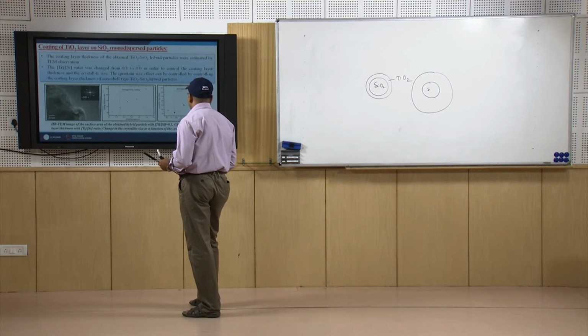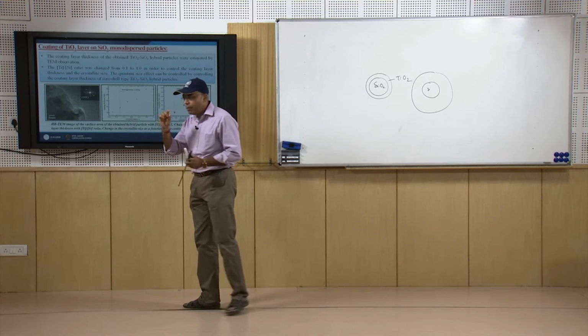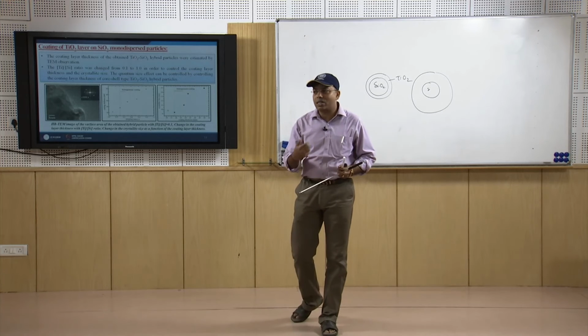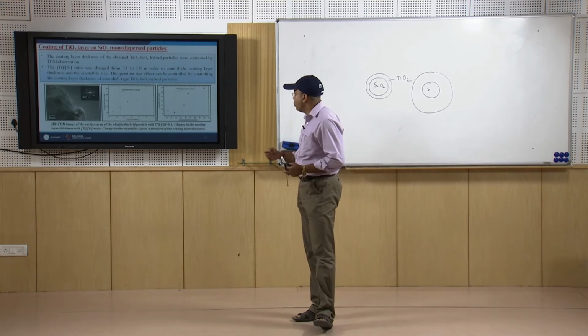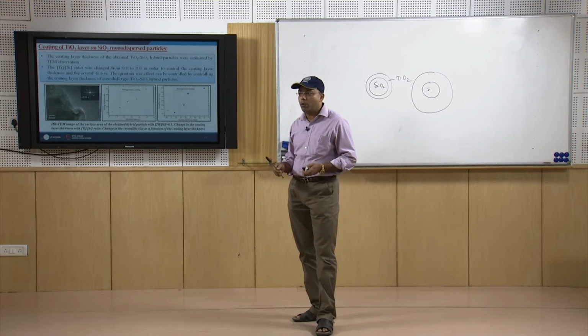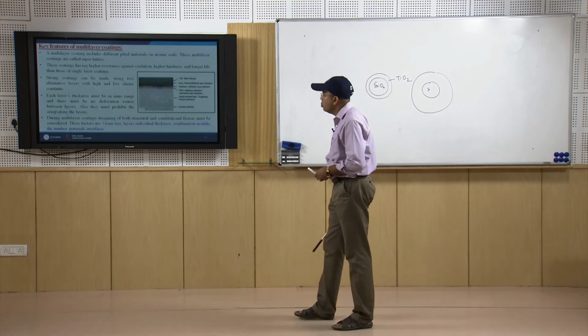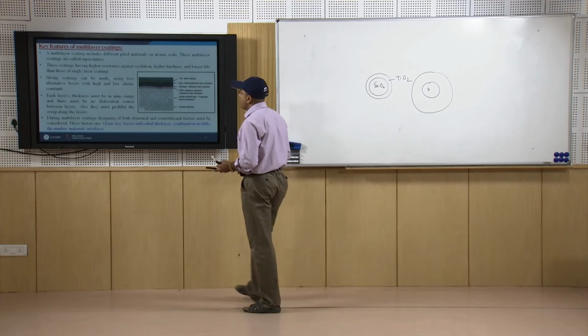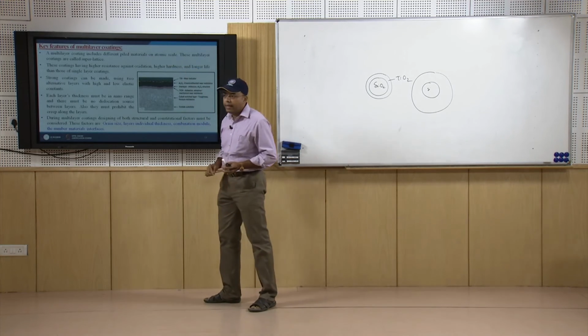In one case we changed the coating size, or the coating thickness, in another case we changed the crystallite size, and after that we saw what better properties we get. Here we discuss some key features of multi-layer coatings.